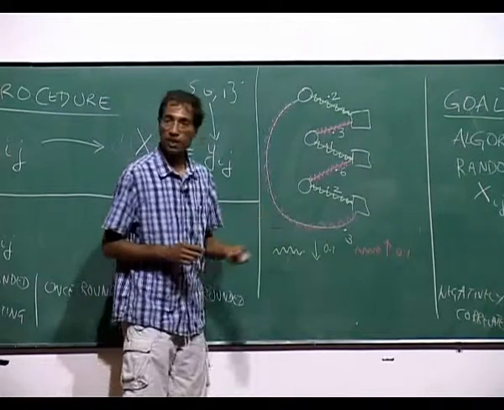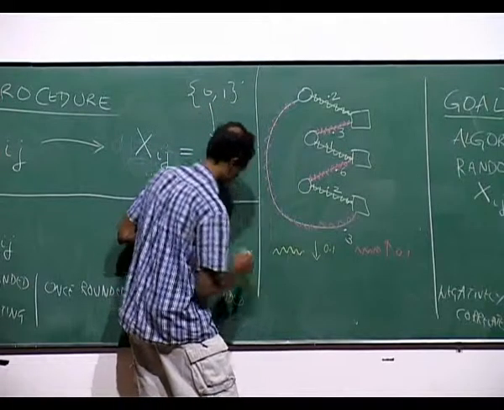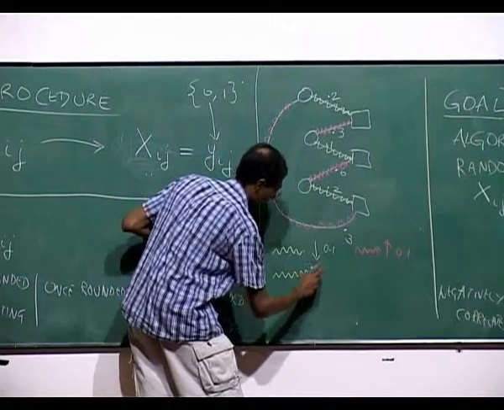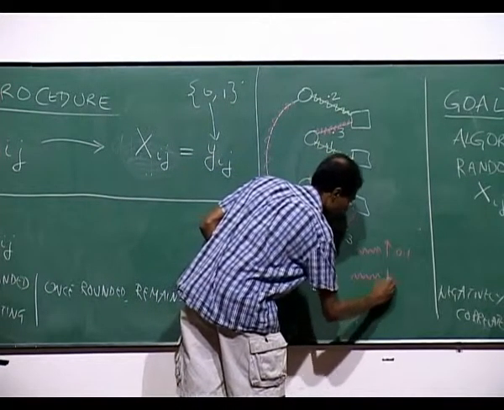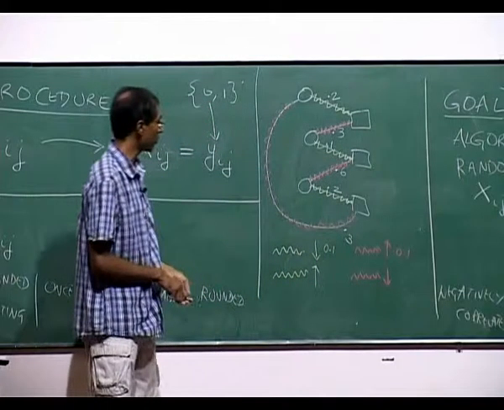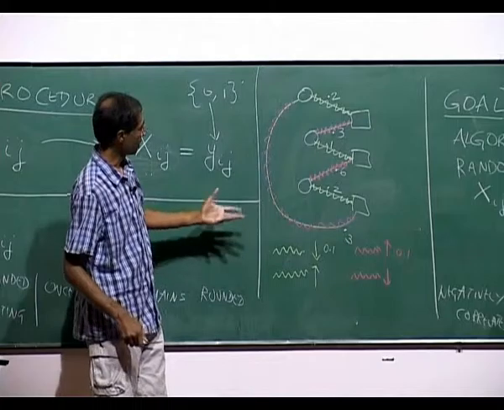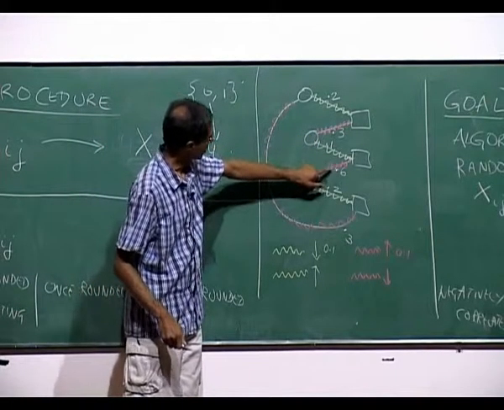Well, this is not the only thing we can do. We could increase this by some amount and decrease this by some amount. What is the amount that I can increase or decrease so that I make progress? 0.3. I can make this 0.